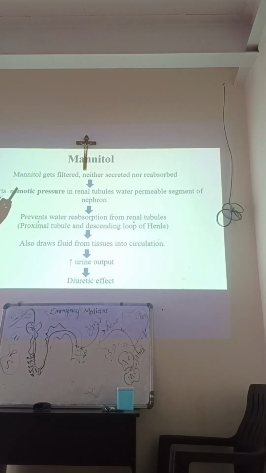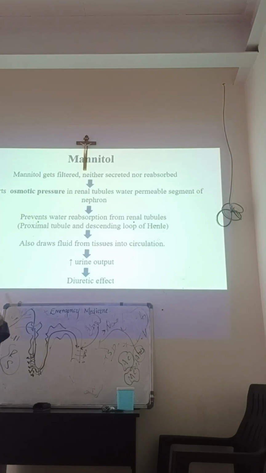So mannitol gets filtered, neither secreted nor reabsorbed, and exerts osmotic pressure in the renal tubules, especially the water permeable segments of the nephron. It prevents water absorption from the renal tubules, especially the proximal tubule and descending loop of Henle. It also draws the fluid from tissue to circulation. Which tissue? Peripheral tissues. Once it comes to circulation, the blood has to come here, and the drug has to come here.